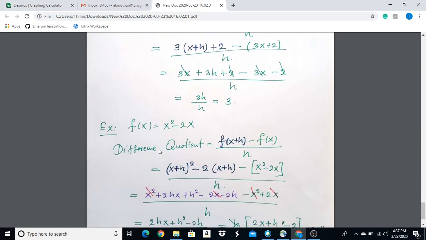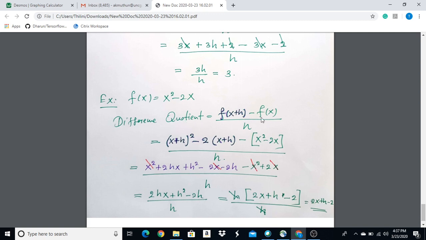And now the difference quotient of this function, x squared minus 2x. Here also the same formula. We need to plug in x plus h into the function f, subtract f of x, and divide by h. X plus h to the power 2, because that's how the function works.